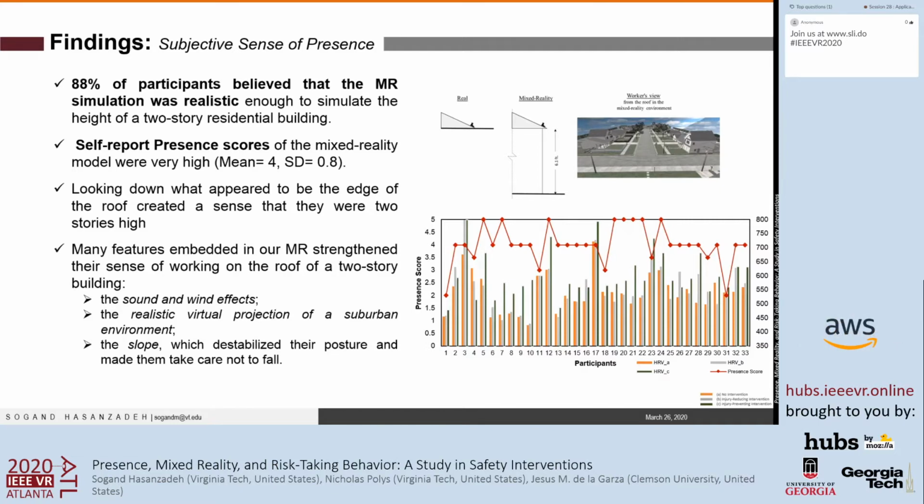The participants believed that the sound and wind effects and the realistic projection of the suburban area, the slope itself, provided them with a sense of being on the roof of a two-story building installing shingles, which are signs of place illusion and plausibility illusion.